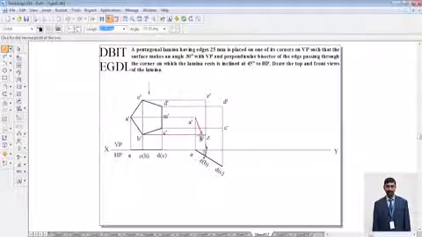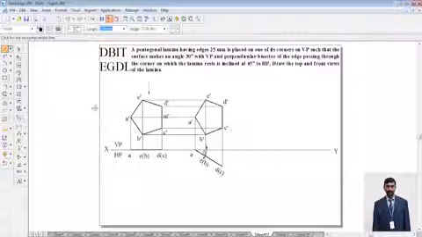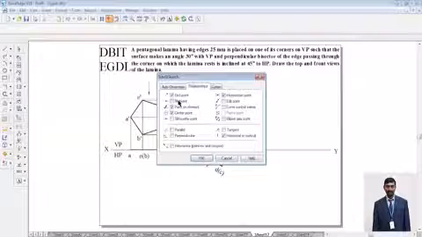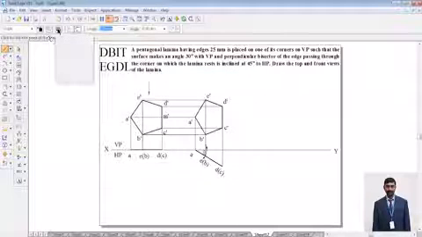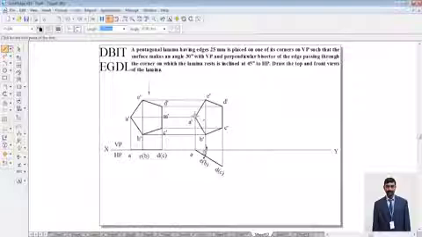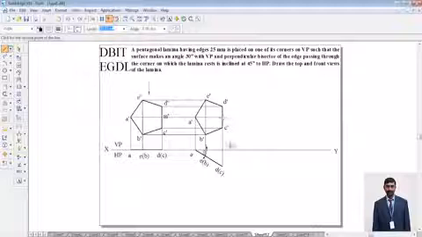So A, B, C, D, E, and A. So now I am going to take a line. I'm going to continue this, take midpoint, and I want to know the perpendicular bisector. So from A dash, this corner, to the midpoint of the opposite edge, I'm going to draw a line.